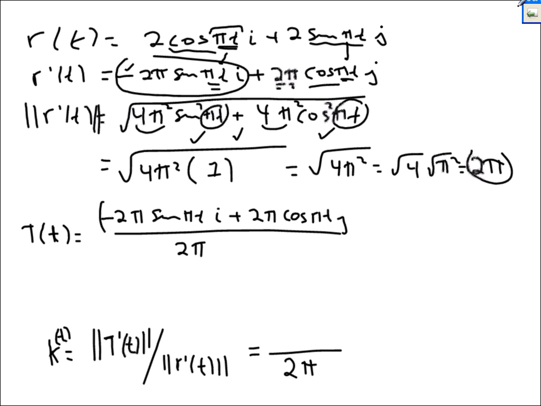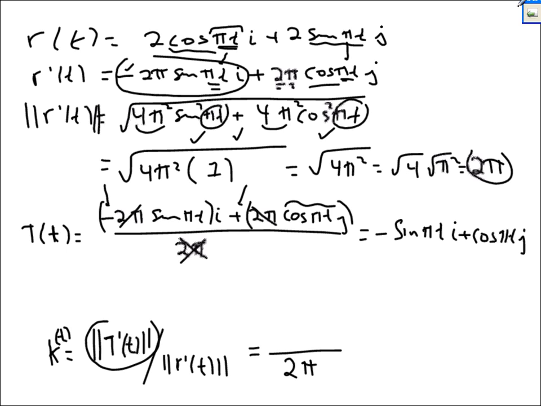Well, for the first, the 2 pi's cancel, and even for the second. So what we get is negative, don't forget that negative sign, negative sine pi t i plus cosine pi t j. But I don't want T of t. I want the length of T prime. So let's find T prime of t.